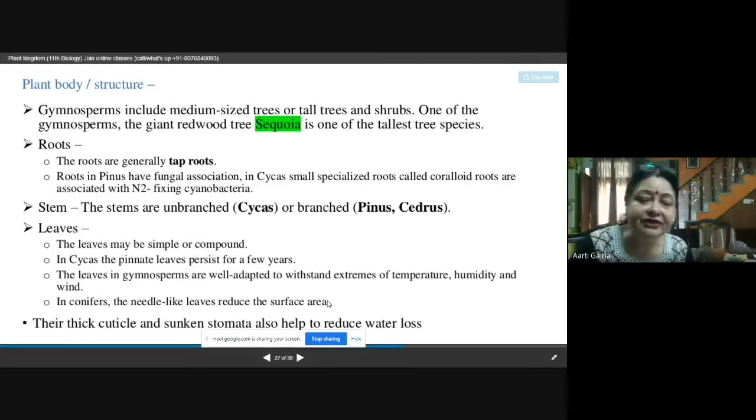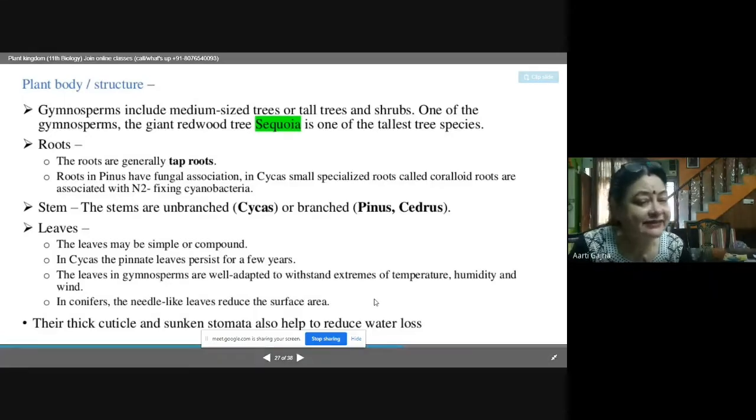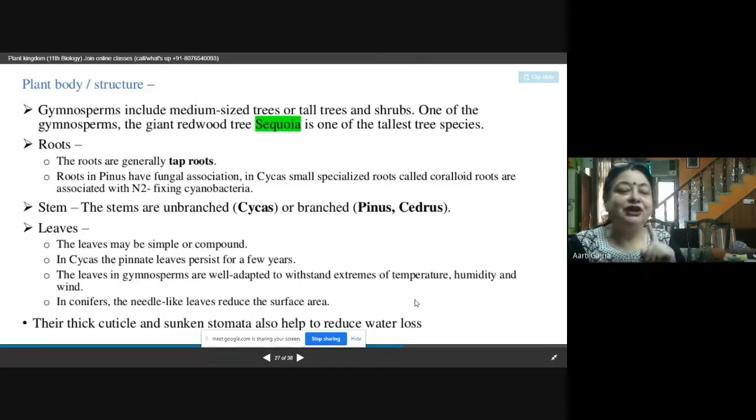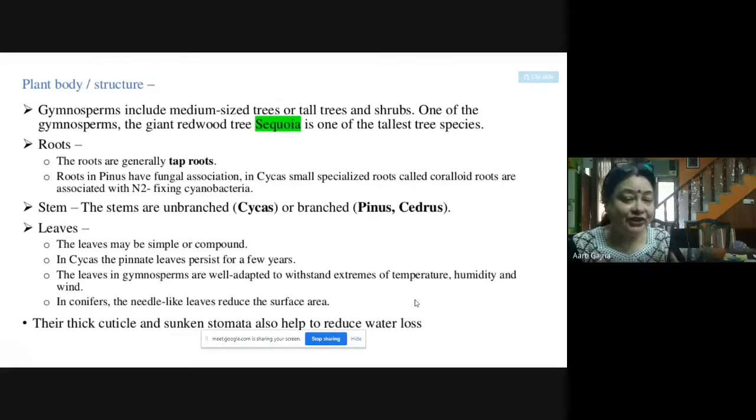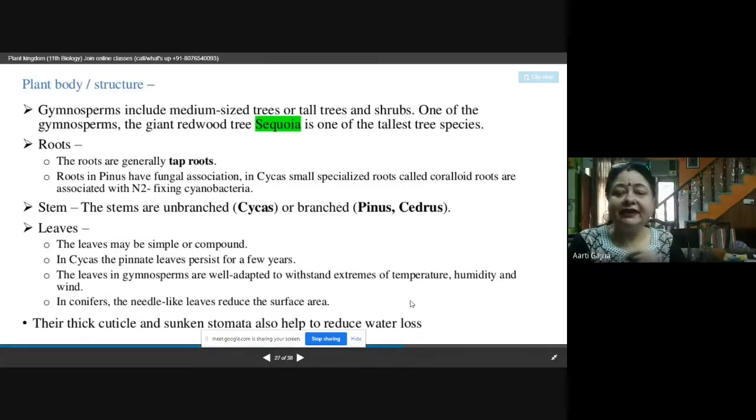The leaves in gymnosperms are well adapted to withstand extremes of temperature, humidity, and wind. So this is an adaptation in the gymnosperms because of their habitats. In conifers, the needle-like leaves reduce the surface area.